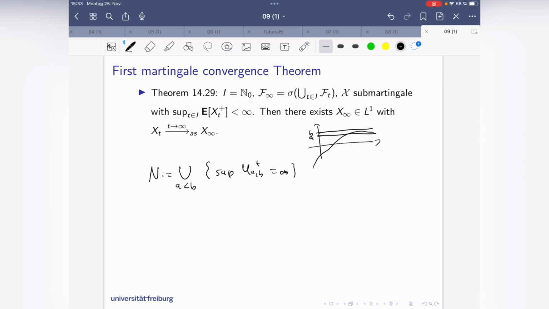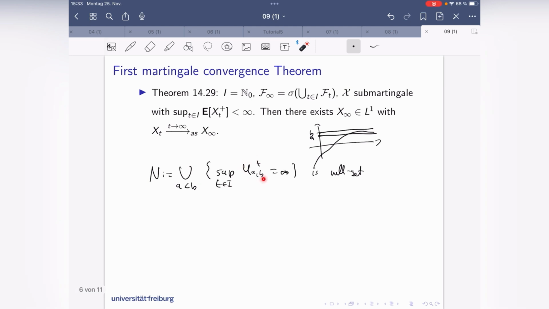So that's the set of paths where something is violated, which means the number of upcrossings is infinity, and that is a null set, because we know that this random variable has finite expectation. So it's almost surely finite.